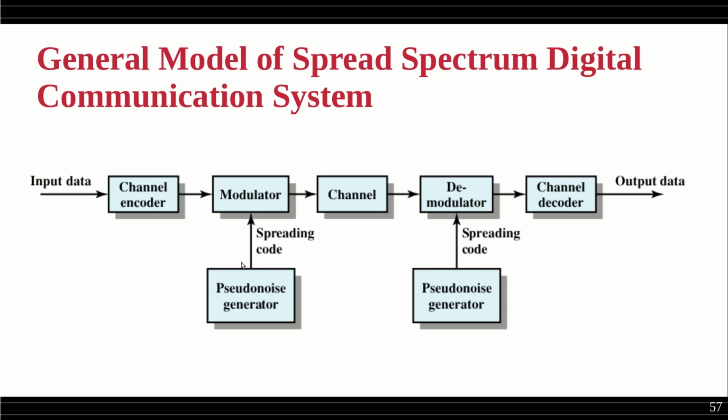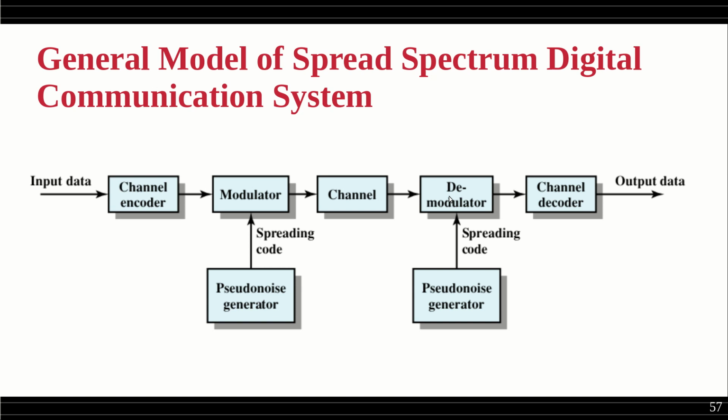Using the spreading code, the narrowband encoded signal generated by the channel encoder will be spread over a wide band. That wideband signal then travels through a communication channel. Obviously, as this is used for wireless communication, it is an unguided wireless medium, and through it the signal reaches the receiver.